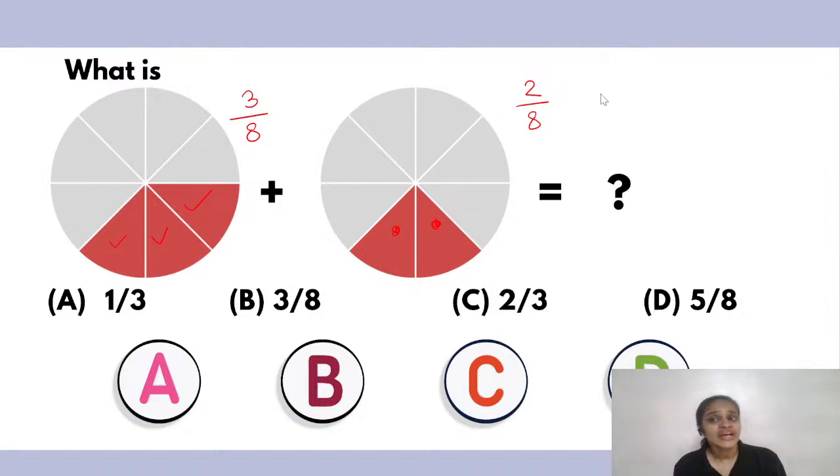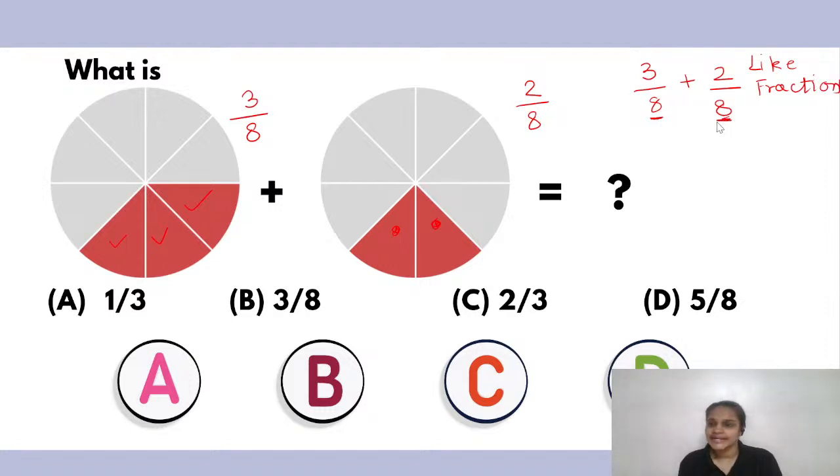Now, when we are adding two fractions, what we have to look at is the denominator. Since they are both the same, we call them like fractions, because their denominators are the same.